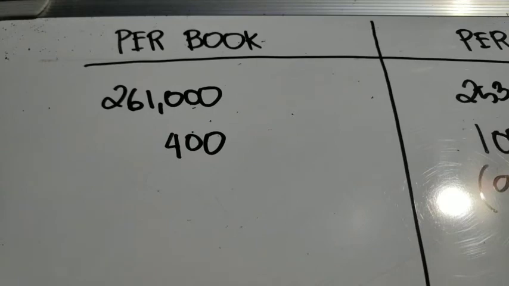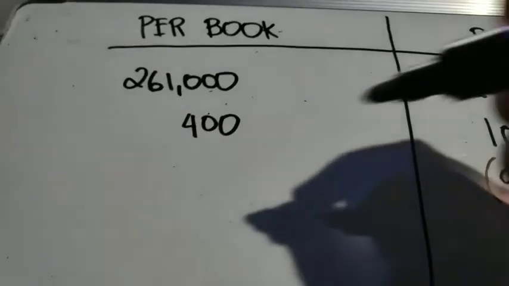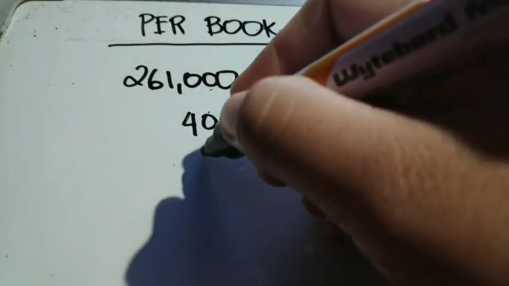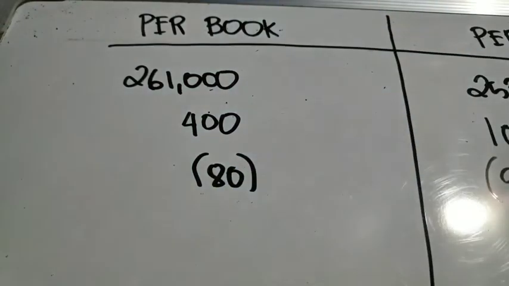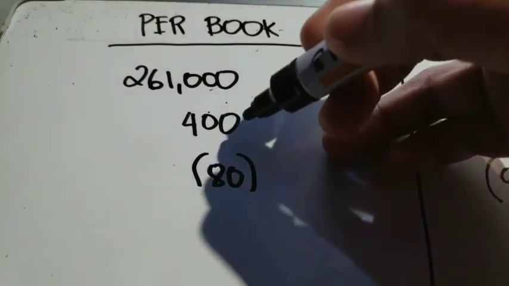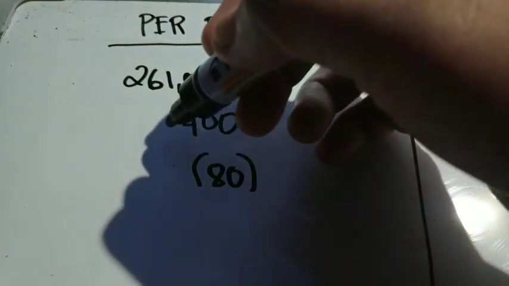So it was deducted from the bank account, so it would also be deducted from the per book. So this 80 pesos, I'm very sorry, is a 20% withholding tax from this interest income. So this 400 is what we call the credit memo. And this 80 pesos is our debit memo.